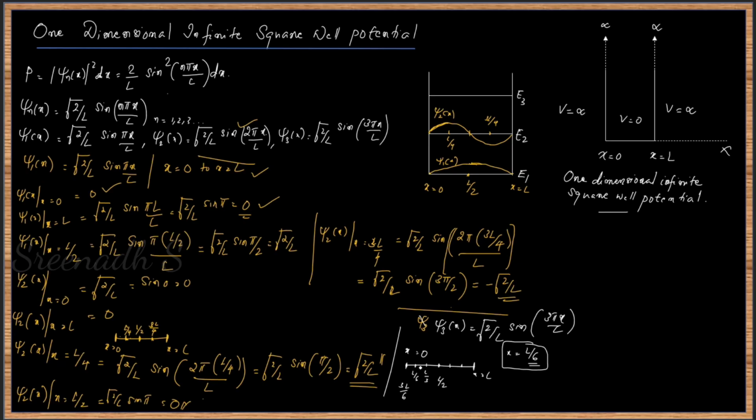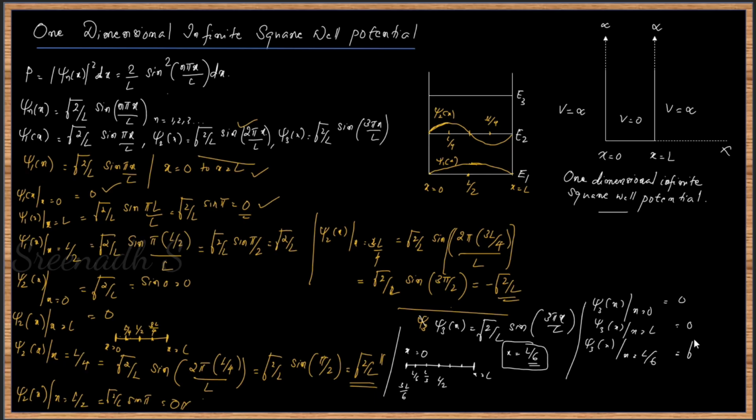As we can see, at x equal to 0 and x equal to L, psi 3 vanishes. Psi 3 of x at x equal to 0 is 0, and at x equal to L it is 0. At x equal to L by 6, it is equal to square root of 2 by L, because sin pi by 2.